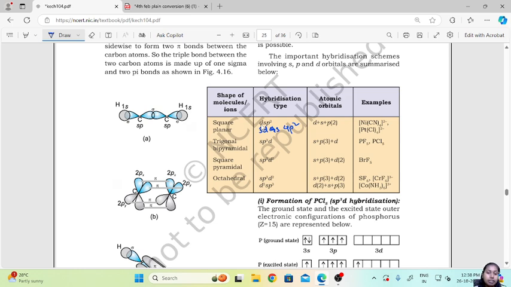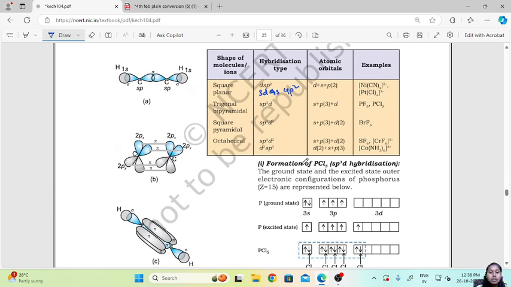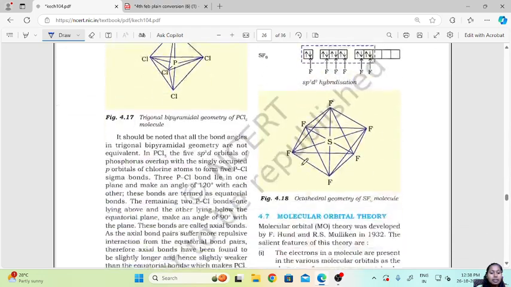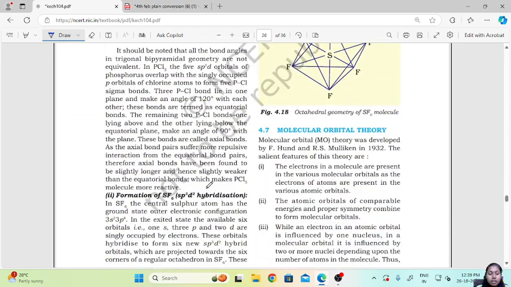Then again we have a trigonal bipyramidal structure with sp3d hybridization, a square pyramidal structure with sp3d2 hybridization, and we get octahedral structure for both sp3d2 or d2sp3. So here we will be doing sp3d and sp3d2 hybridization.